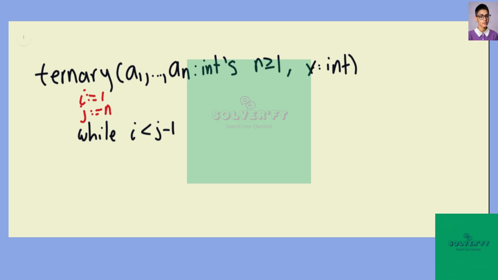We also want to define a couple of new variables. So lots of definitions here. So let's let l, lowercase l, be equal to the floor of (i plus j) divided by 3.